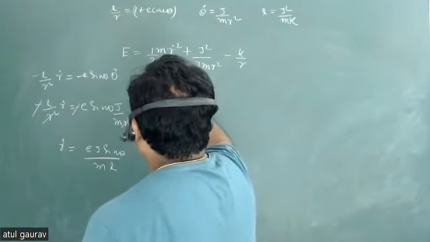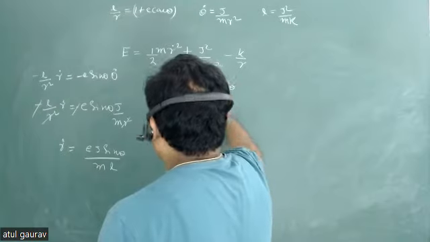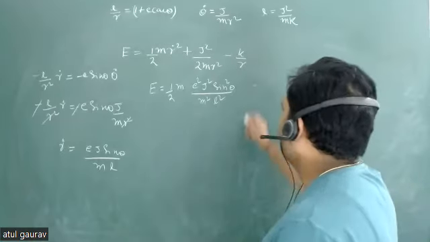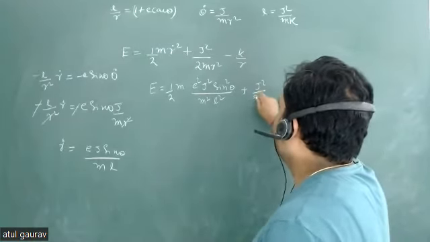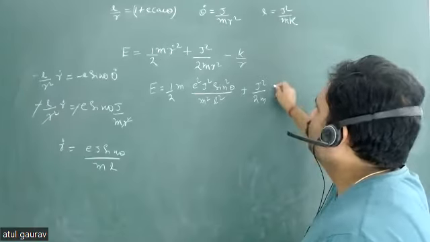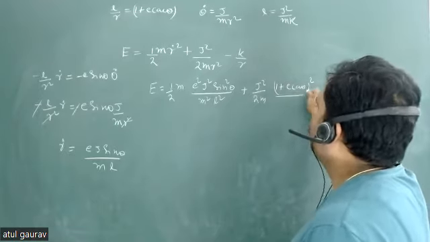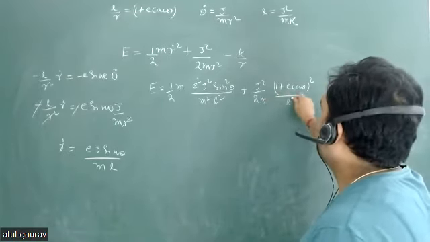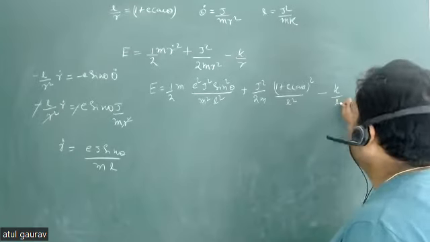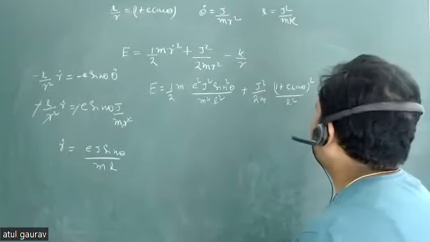So let us try to go for writing this particular thing. So this is half m e square j square sin square theta by m square l square. देखते रहना, मैं कहीं कुछ गलती तो नहीं कर रहा हूं. j स्क्वायर बाई 2m वहां से लिख सकते हैं, 1 बाई आर स्क्वायर की जगह पर क्या हो जाएगा? 1 प्लस e cos theta whole square, sorry this is r, okay, r square, that is l square. सही लिखा हूं? माइनस k अपॉन l, 1 प्लस e cos theta, 1 बाई आर की जगह पर डायरेक्ट लिख रहे हैं. ठीक है?